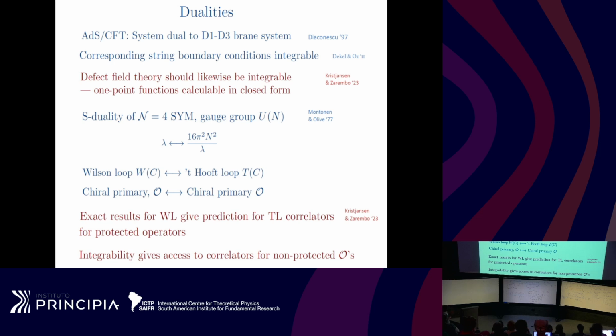One has certain results for correlation functions of chiral primaries in the background of a Wilson loop, which give us predictions for the same quantities in the background of the 't Hooft loop, and one can check that this prediction is confirmed. But on top of that, this is something which has to do with protected operators. Integrability also gives us access to non-protected correlators. Okay.